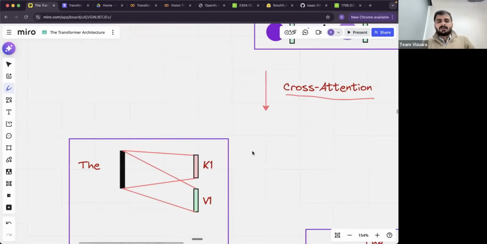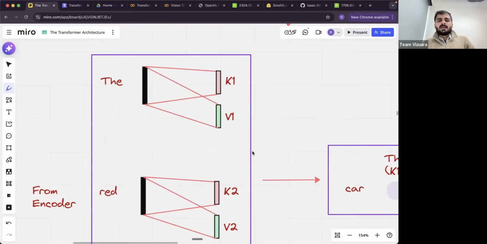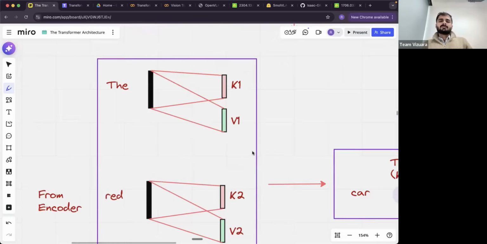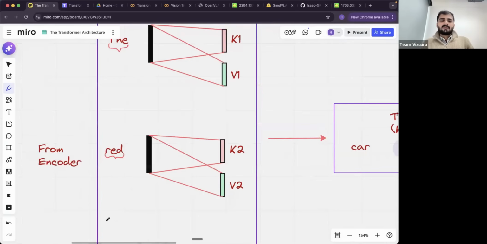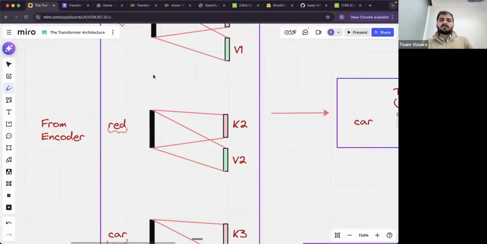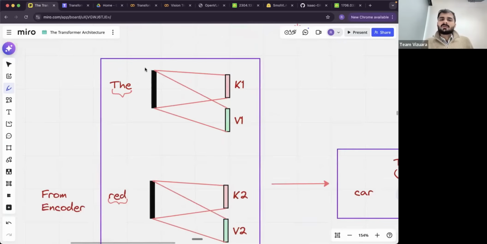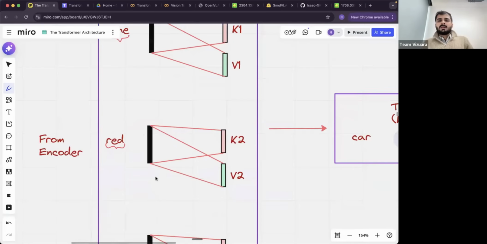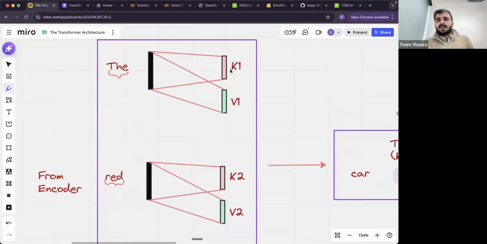Okay, so let's look at what we have from the encoder. These black bars you see are the context vectors which are coming from the encoder side. So these three are the context vectors. And we use them to calculate the keys and values.